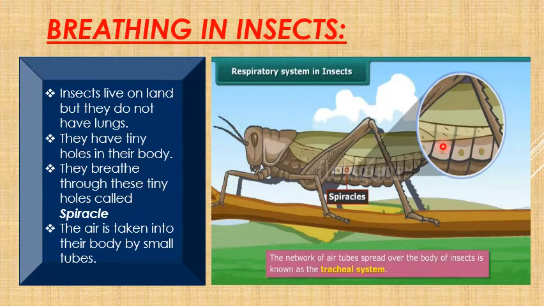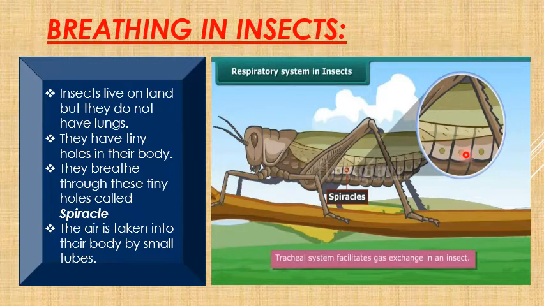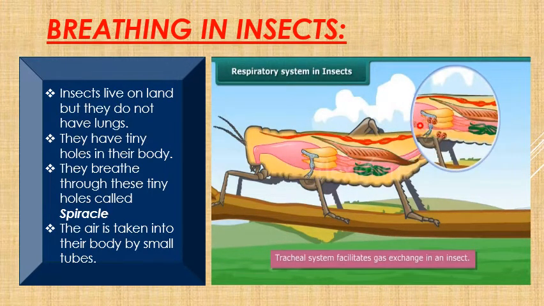Air goes into their body through these holes or spiracles. After going into the body, there are tube-like structures from which oxygen is absorbed and carbon dioxide is released. This is how an insect respires.